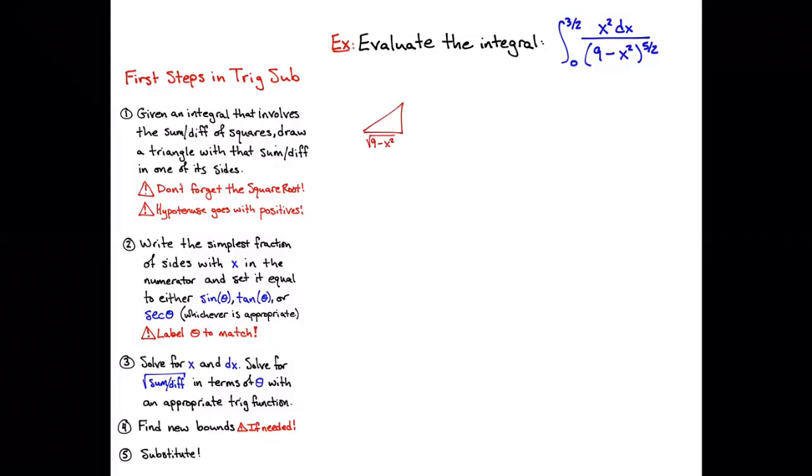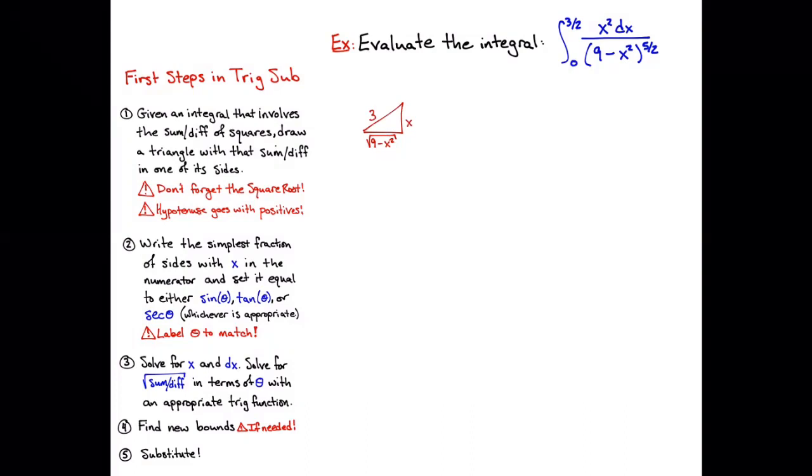I also know from experience from Pythagorean theorem that it's got to be the square root of 9 minus x squared. Now, when I'm looking for the hypotenuse and the other leg, I remember the hypotenuse loves positive things, so the hypotenuse is going to be the square root of 9, which I can also just write as 3. And the other leg is going to be the square root of x squared, which is going to be x.